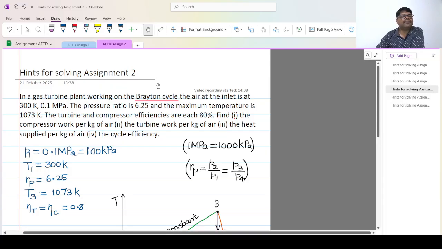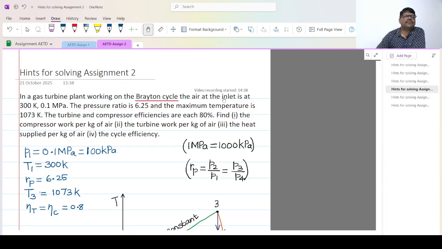in the question. Then it is given that the air at the inlet is at 300 Kelvin and 0.1 MPa. So that means at the inlet, at the beginning of the cycle. Normally in the Brayton cycle, the beginning process is the compression process, which is taken as 1 to 2.